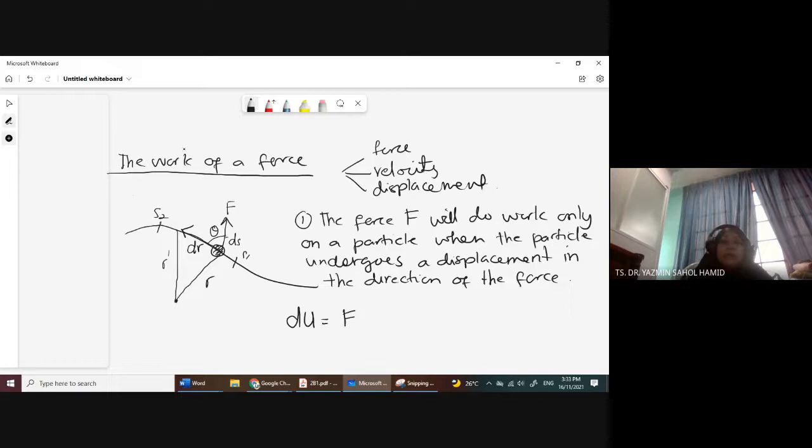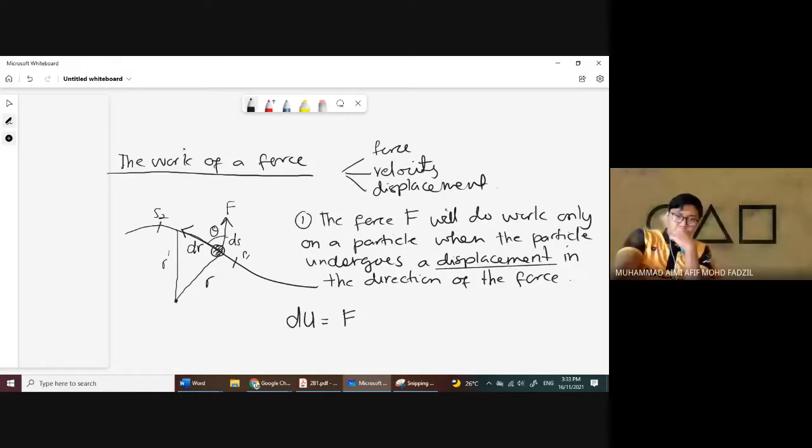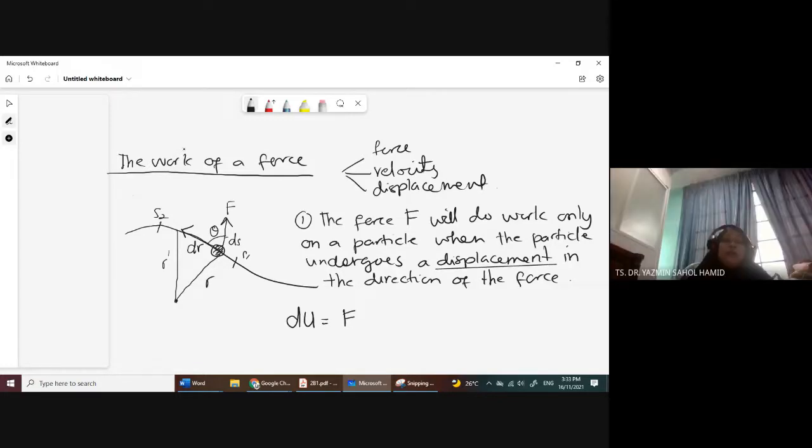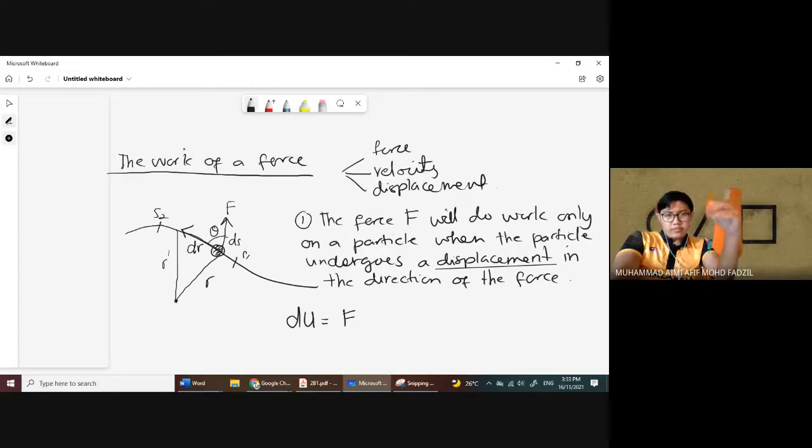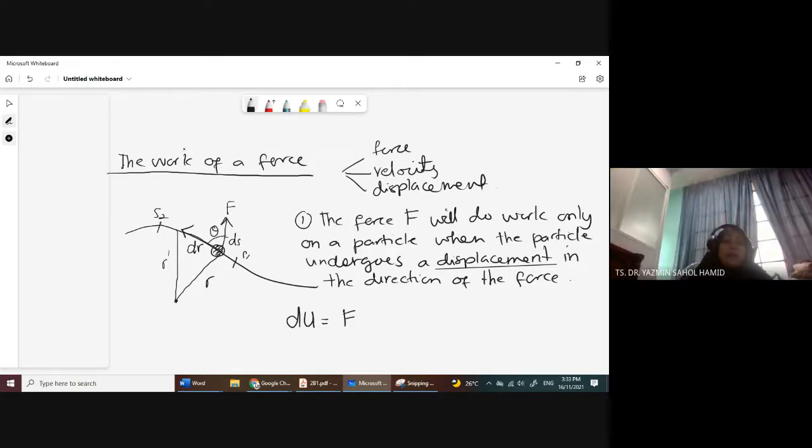You have to resolve it in the direction of the what? Displacement. Yes. So if you resolve it in the direction of the displacement, should it be F cos theta or F sin theta, if this is your theta? Class, this is F what? F cos theta. Yes, F cos theta.